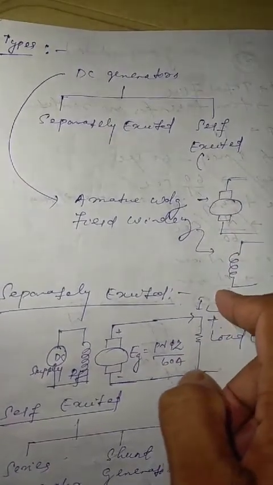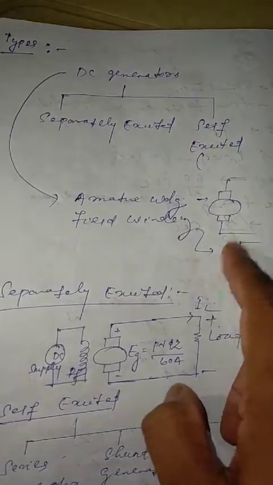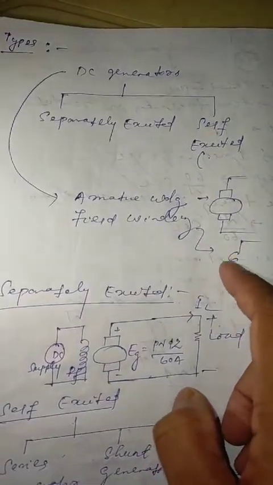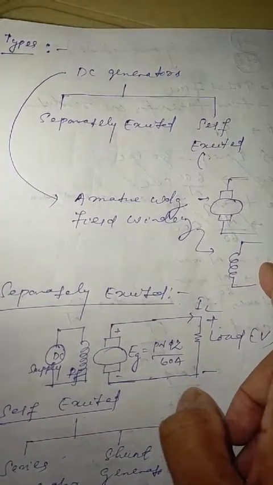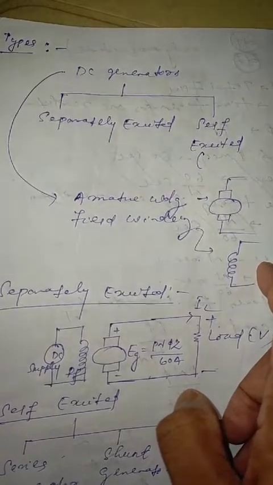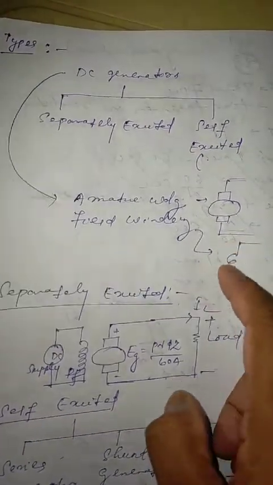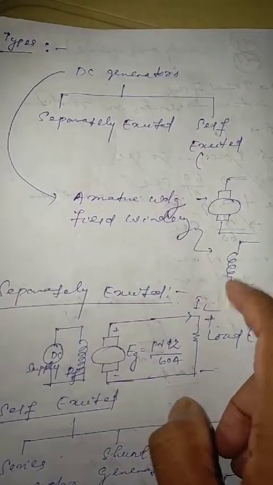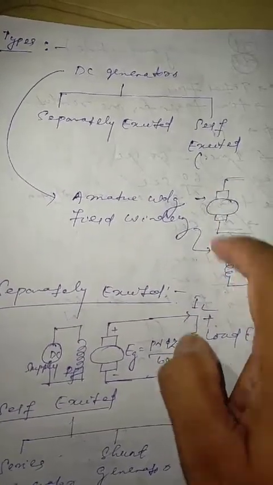But as it is DC analysis, the winding would have an R and an L, but L is not considered. Why? Because for DC the frequency is 0, so XL equals 0, and only the resistance is represented. Whether it is armature or field, we have only the resistances. Clear?